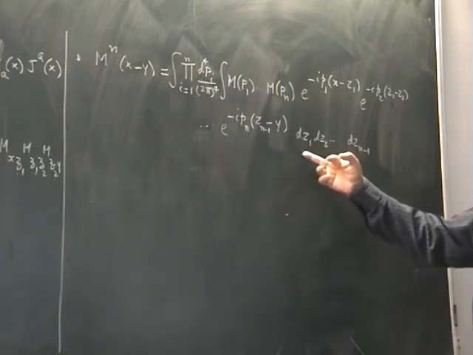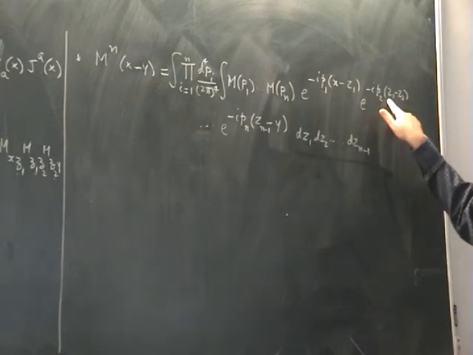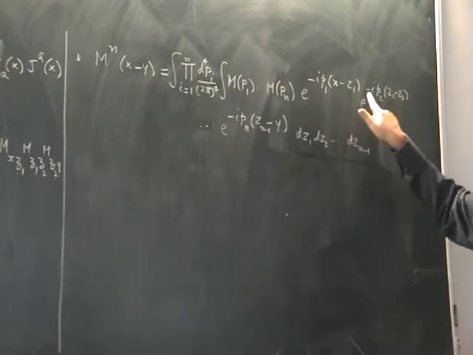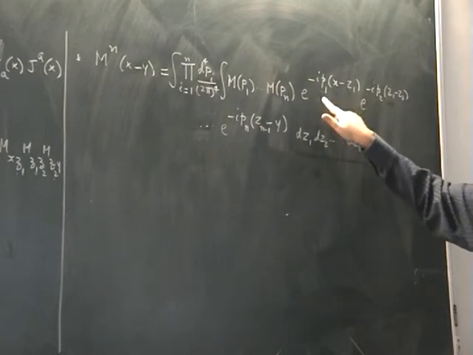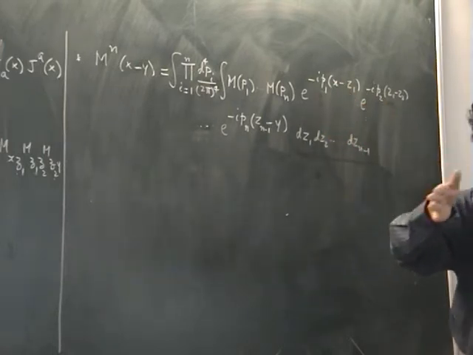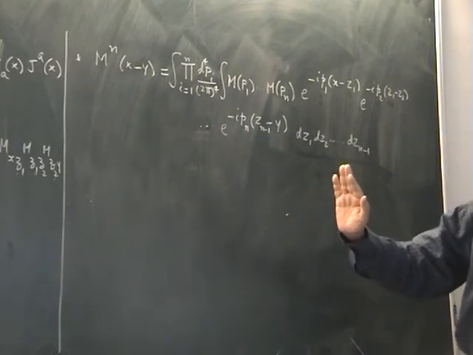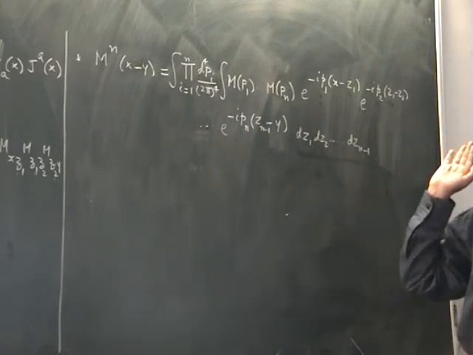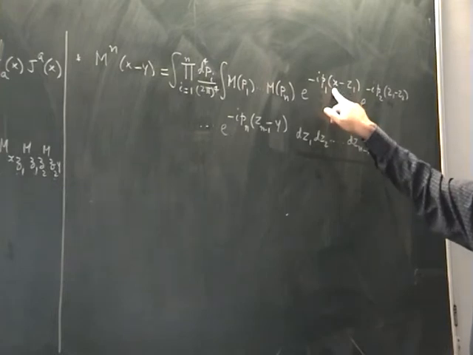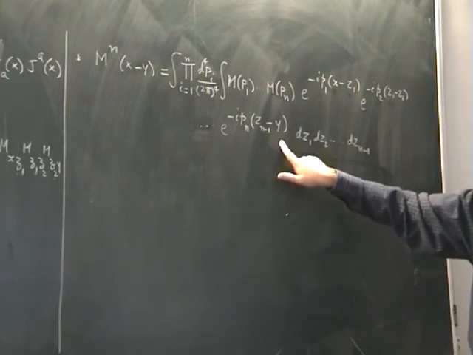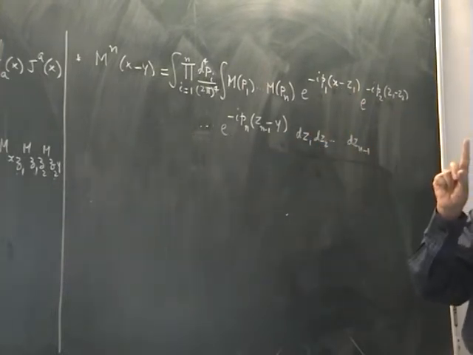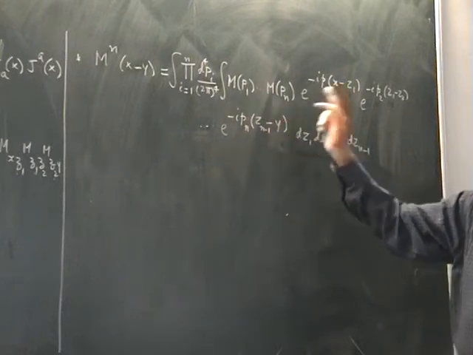When you do the dz1 integral, what will happen? These two will combine together and give you a Dirac delta function on p1 minus p2. Similarly for all of them. Then you do all those p integrals. So everything will go away and you will be left with just this x and that last y with one p, and all these p's will be equal to that p.